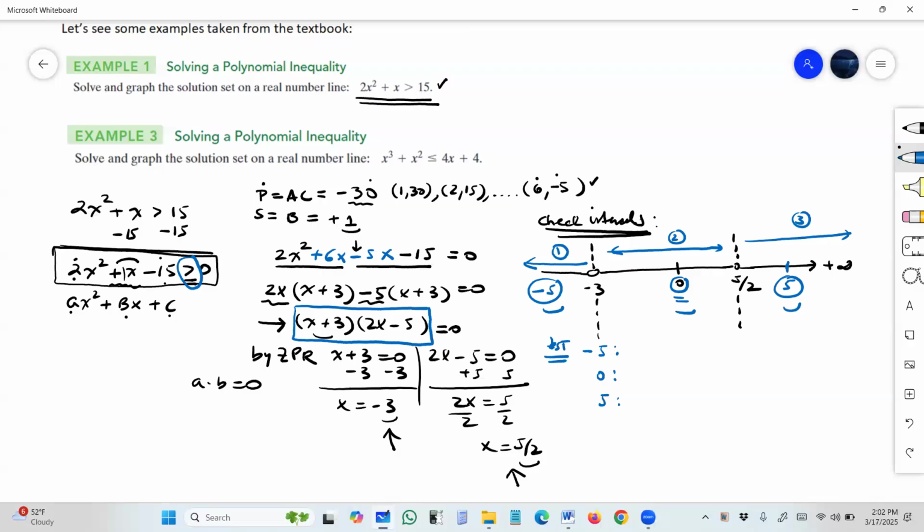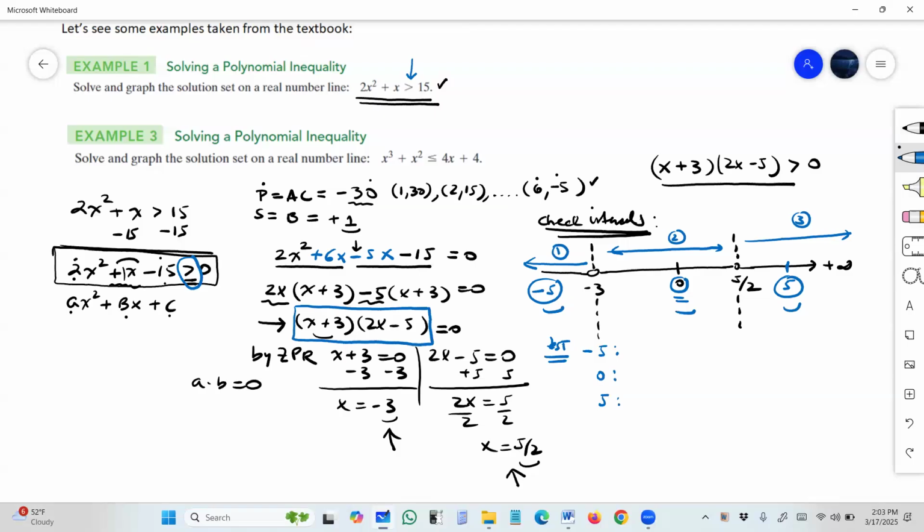The original inequality symbol is greater than. So I'm going to write it here in factored form, x plus 3 times x minus 5 greater than 0. This is where you're going to check your values.